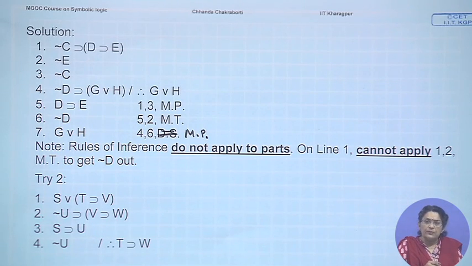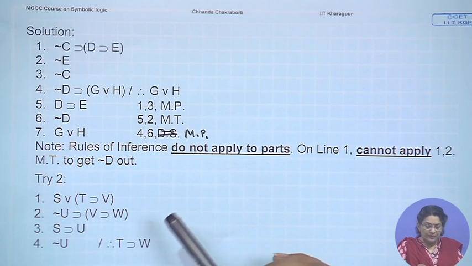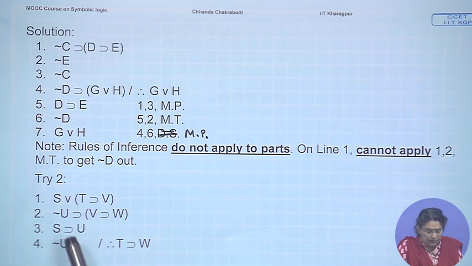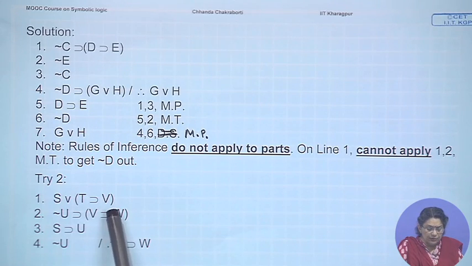So, look at your premises and try to locate the possibility of having T horseshoe W. Okay? And if you are keen and closely watching the premises, you might see that you do not have T horseshoe W, but what you have is close enough possibility in line number 1 and 2. Where? Here you have T horseshoe V and here you have V horseshoe W.